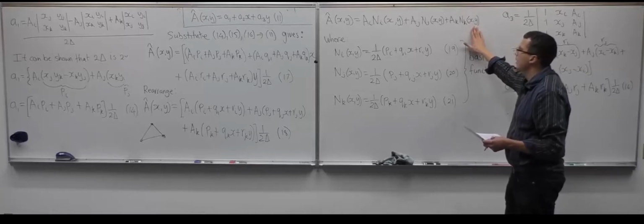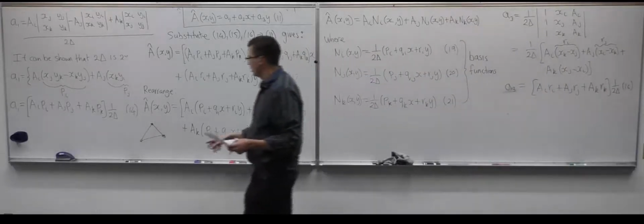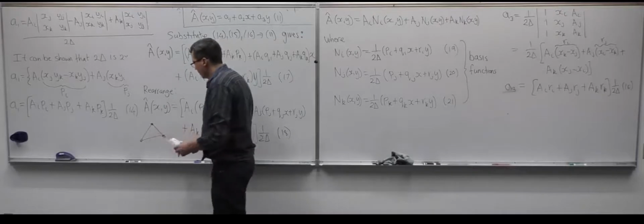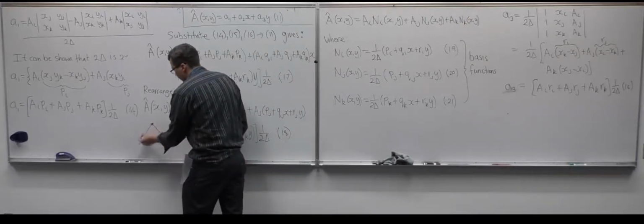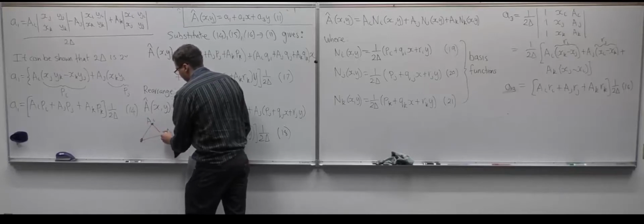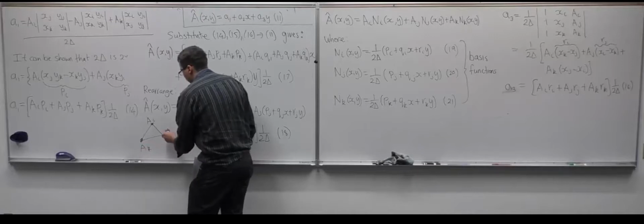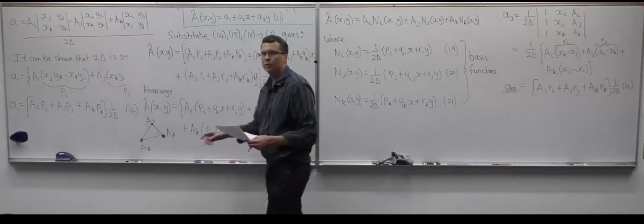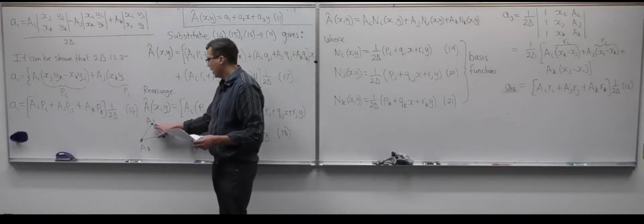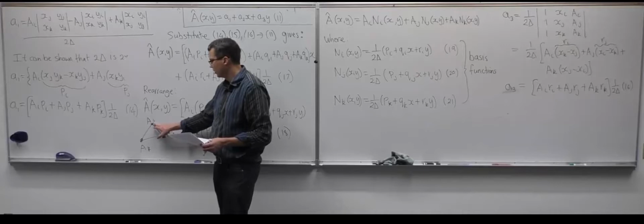So this equation here needs to satisfy the field everywhere within the triangle, but it also must satisfy the values at the nodes. So at Ai, Aj, and Ak. So if we were to put in the coordinates for xi, yi, we better get out Ai, because that's the value at that point.